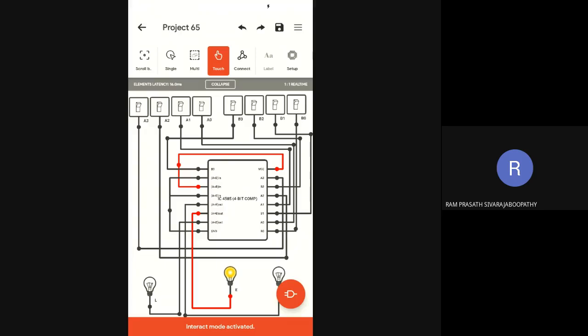Okay, for A we can give 0 0 1 0. For B 0 1 0 1. So out of this, which one is greater? B is greater. That means the lesser output is 1. A less than B. Any other input combination? Can you people suggest?